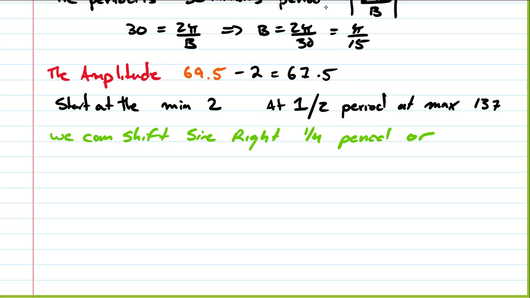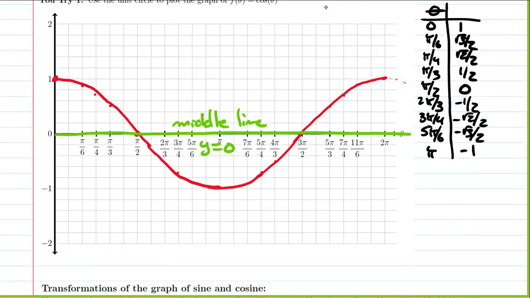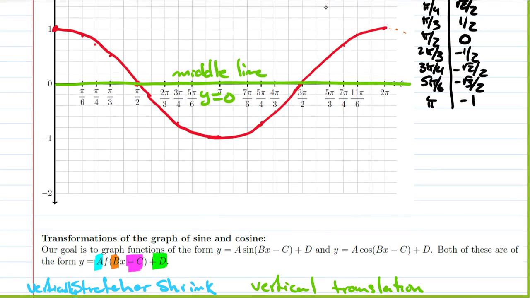or if you wanted to use the cosine, we would have to shift it either right or left. But to get it to start at its min value, which is at pi, I could either shift it right pi units or I could shift it left pi units.